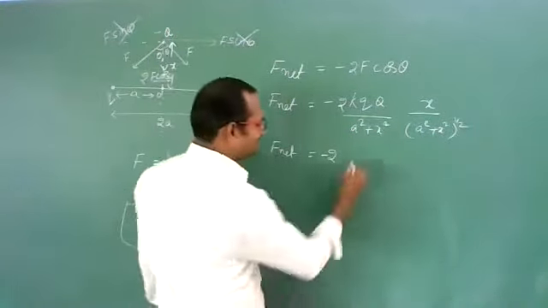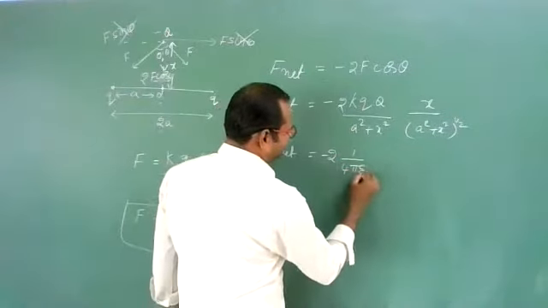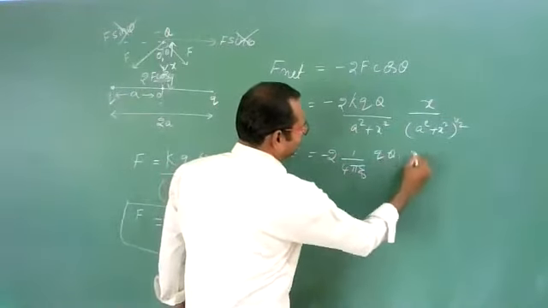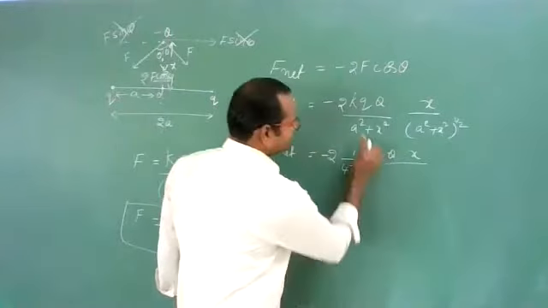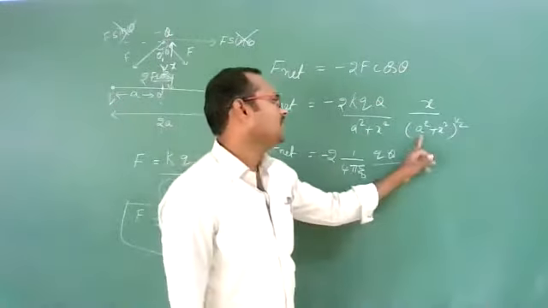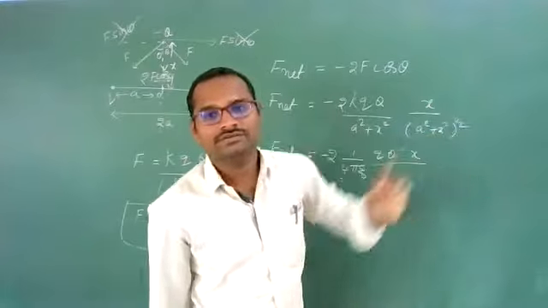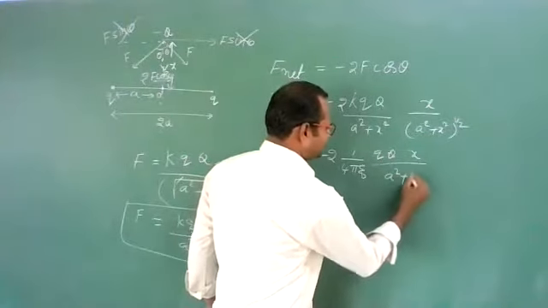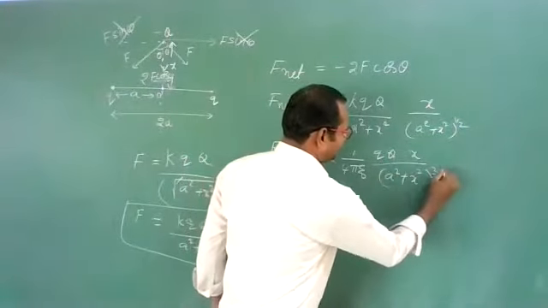As you know, the K value is 1 by 4 pi epsilon naught. It will become (a squared plus x squared) whole power 3 by 2.